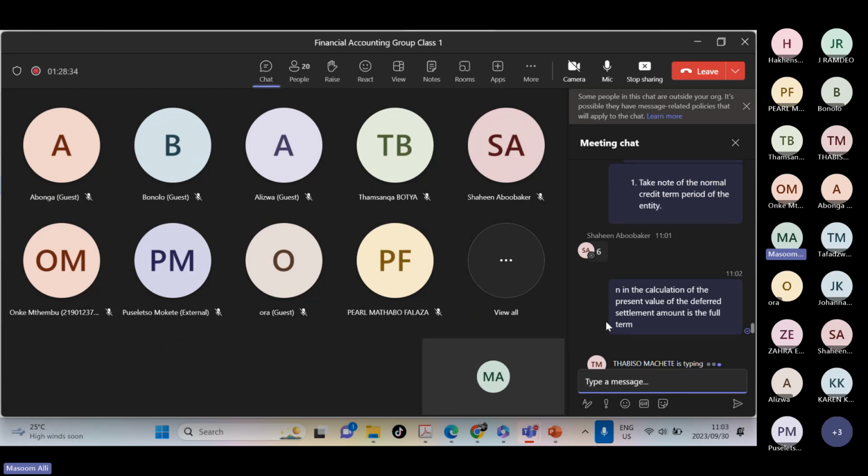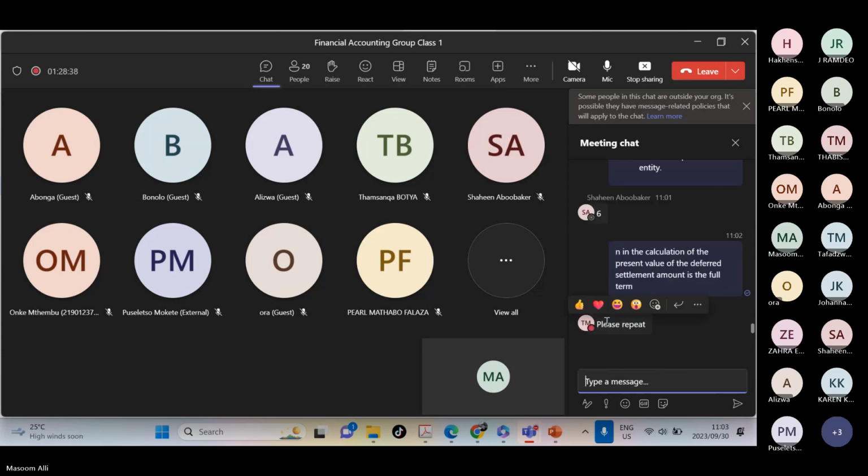Okay, you guys are happy with this. So let's say we're going to buy a machine from the supplier and pay the supplier after 9 months. In the question, they tell you that the normal credit period of the entity is 3 months. So what is considered to be the abnormal credit term, 6 months or 9 months?